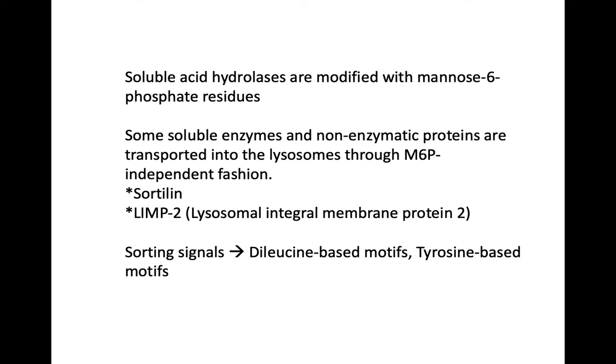So aside from the sugar, you have a sugar monomer signature, and you also have an amino acid signature. And there are also other pathways that are independent of sugar. There are pathways that involve special proteins that will target the final protein to the lysosomes.